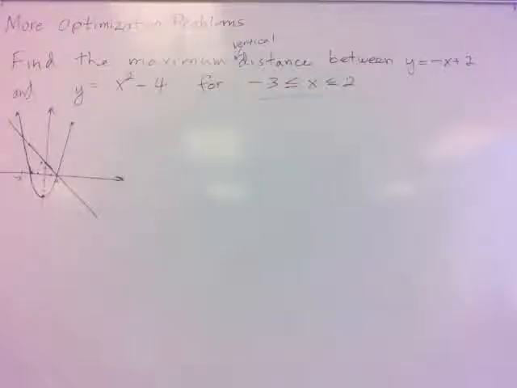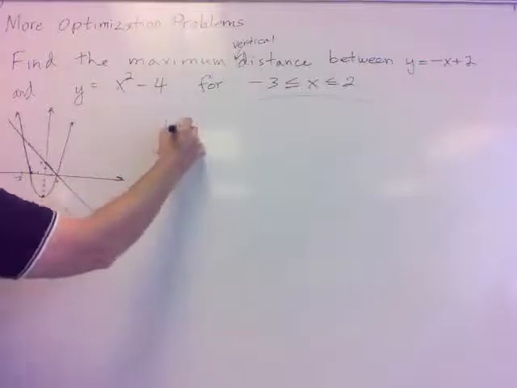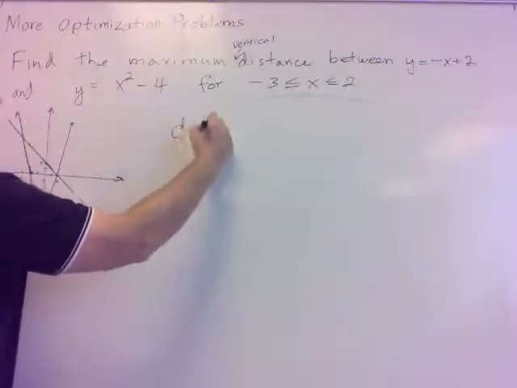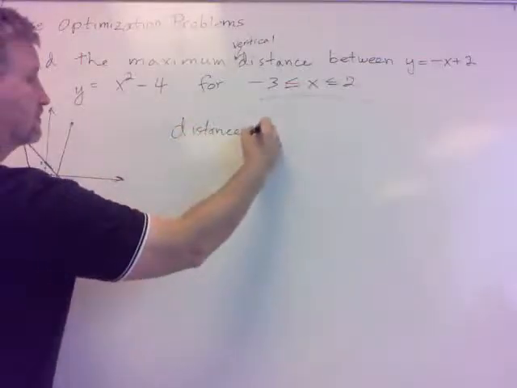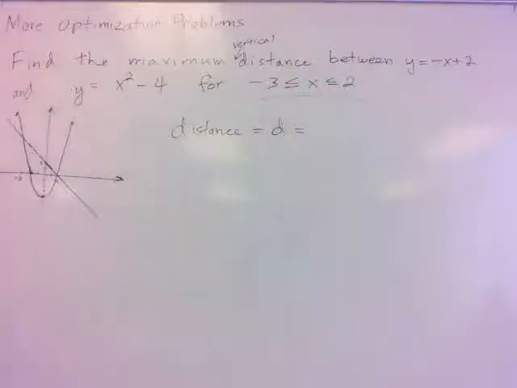All right, well, again, I'm looking for a maximum, right? And so to find the maximum distance, maximum vertical distance, I first of all need a distance equation, right? What would be the distance equation here? Well, if you think about it, I think the easiest part to see here is, let's look at this side over here.